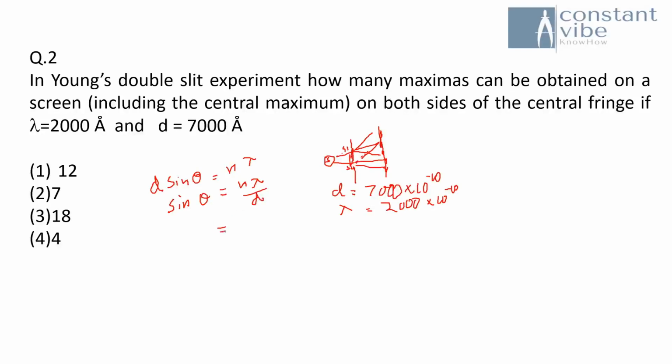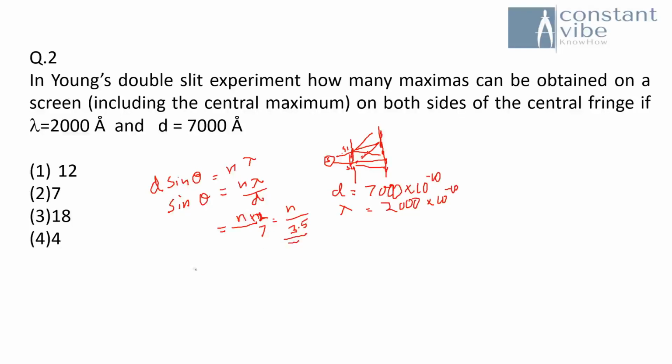If you substitute the values here, sin theta will be n divided by d by lambda, that is 7 by 2, which is n divided by 3.5.